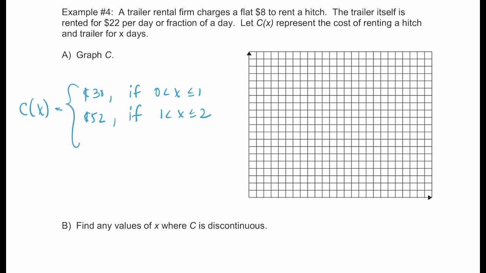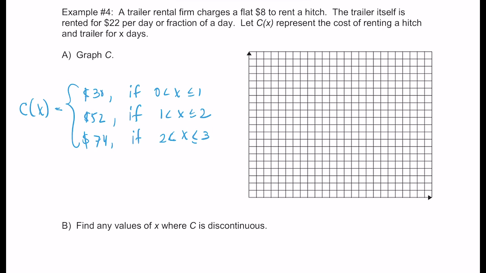Let's just do one more. If I rent it for 3 days, it's 3 times 22, which is 66, plus 8, which is 74. So you've got $74 if X is less than or equal to 3, but greater than 2. And so on.